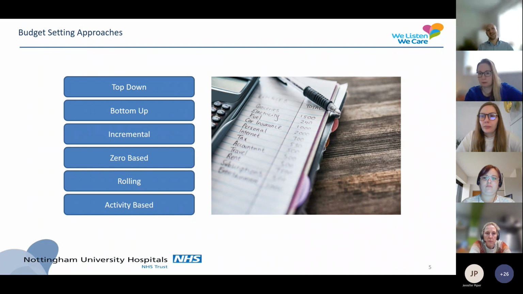As well as the senior leaders being closer to the strategic objectives of the organisation, they are then more distant from the actual detail of the operations, where a budget holder will be able to feed in a lot more of that detail and be aware of potential risks that need to be addressed, any barriers to delivery on certain operational targets that may be overlooked at a senior level. So that's definitely one element.